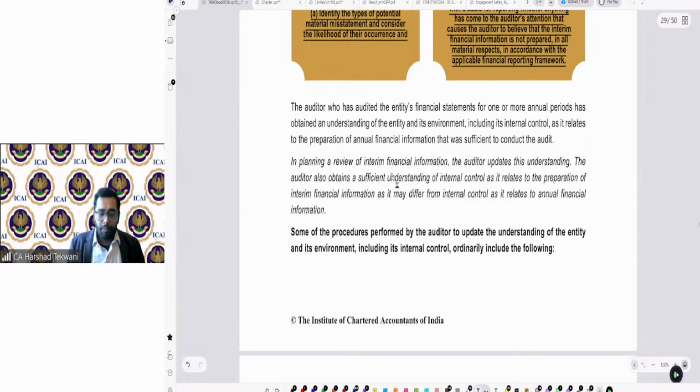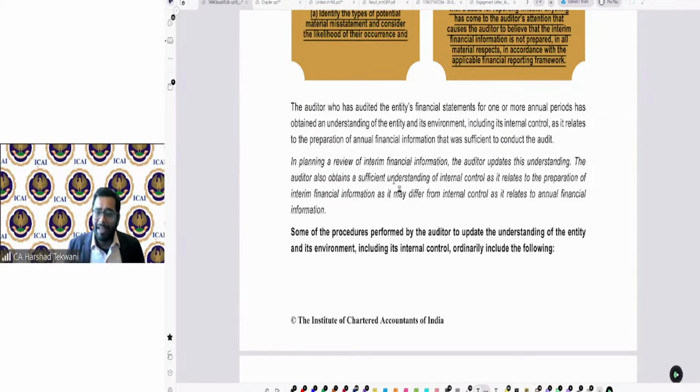So there is a bit of change with respect to some of the procedures I highlighted. One is the auditor who has audited the entity's financial statements for more than one annual period. Here we are talking about the auditor, not the practitioner, and auditors are required to perform the annual audit also. Let's say I was the auditor for the last two years.